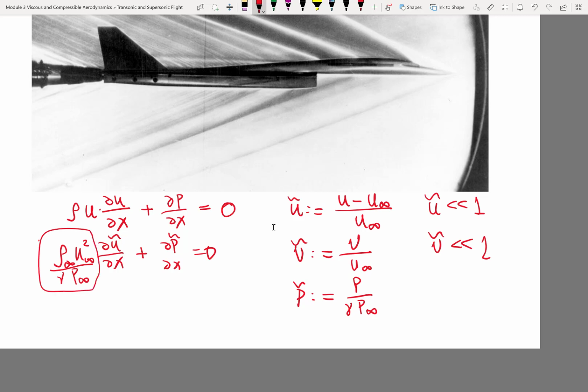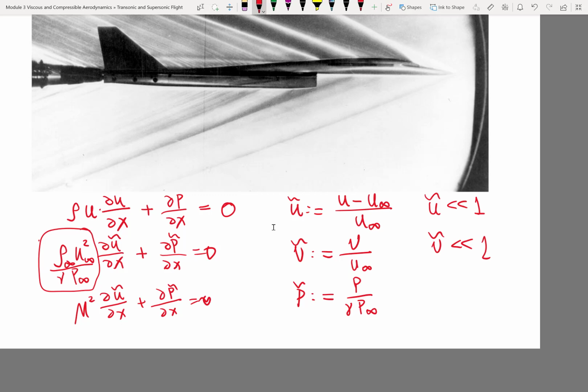What is that thing? Mach squared, right? So I have M infinity squared times this is equal to 0. All right?